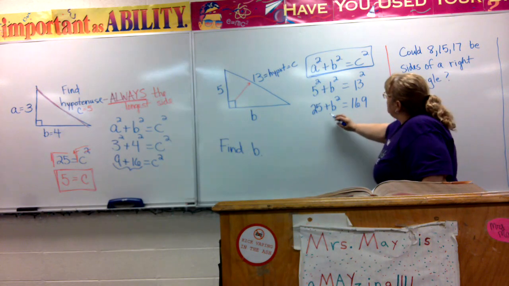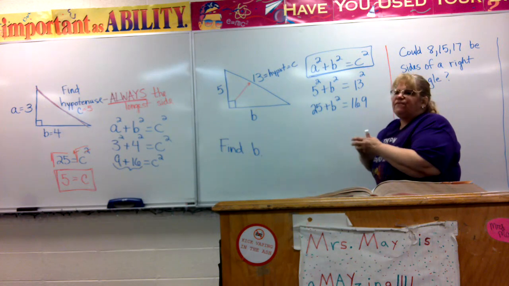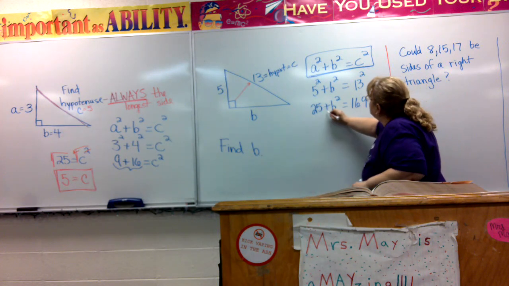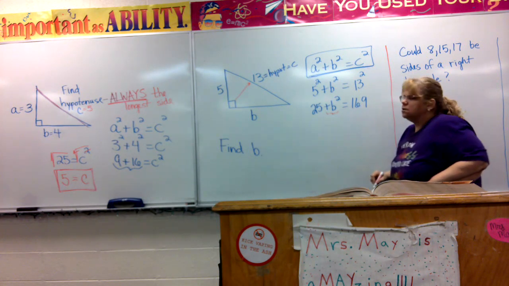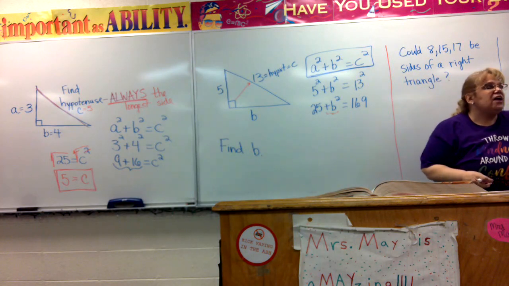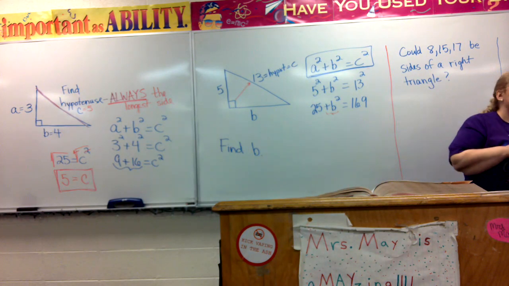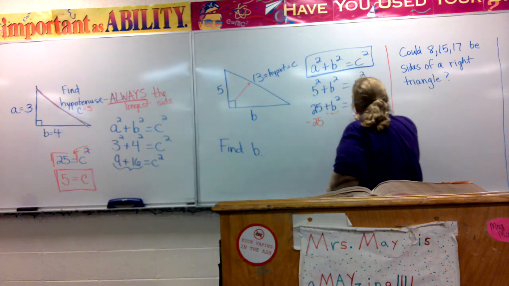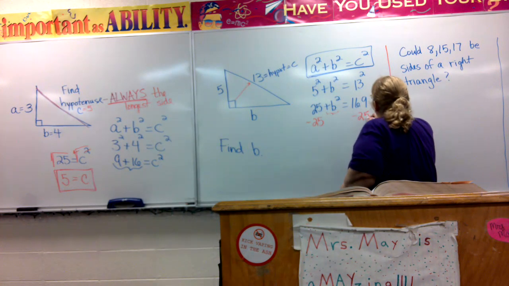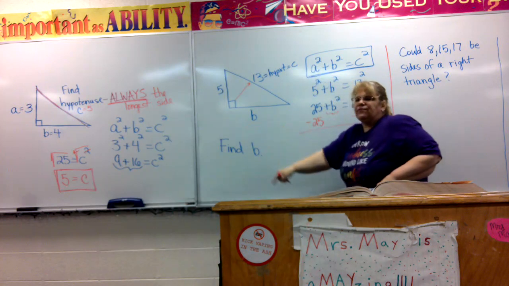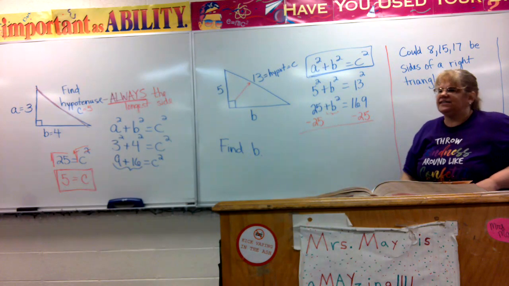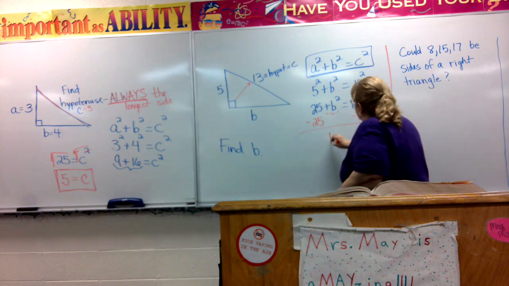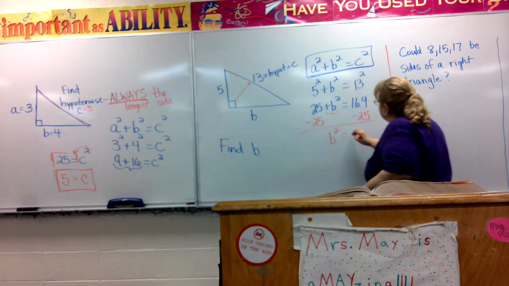So remember, if we're trying to figure out what b is right here, you have to subtract the 25. So minus 25, minus 25. This one is a little bit different than over there when we were trying to find c. What do we get? b squared equals?